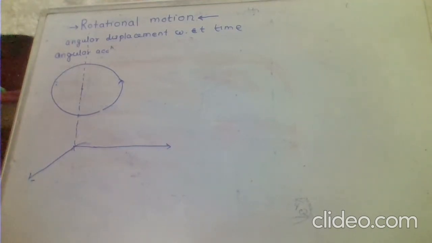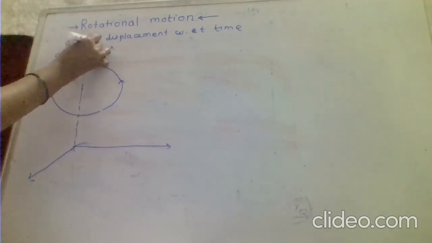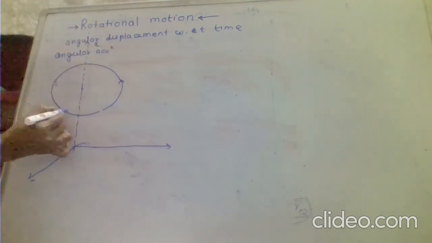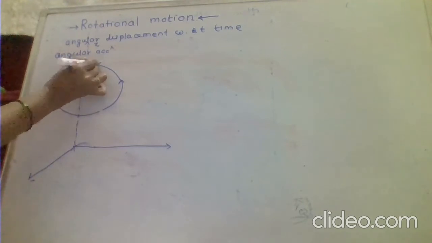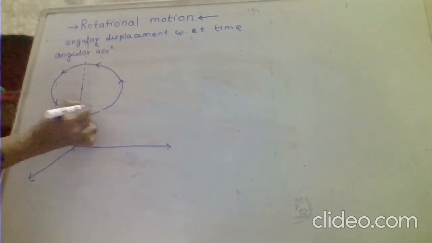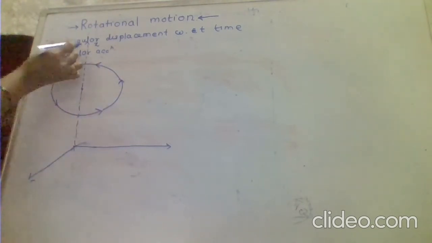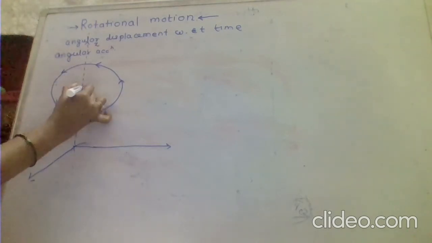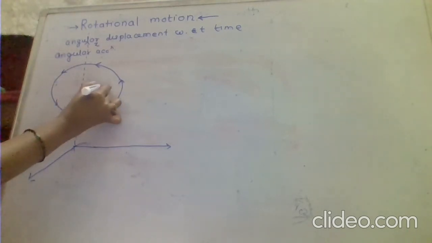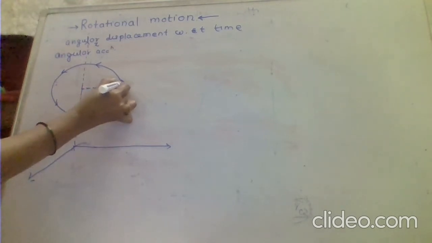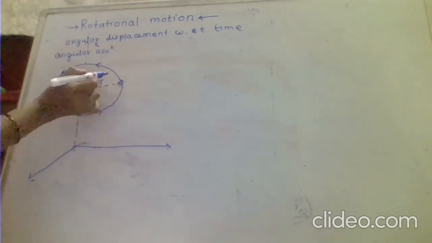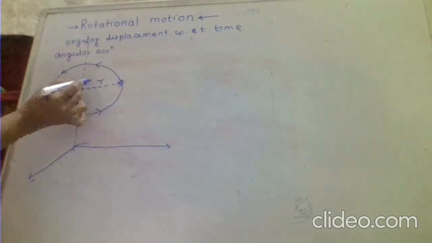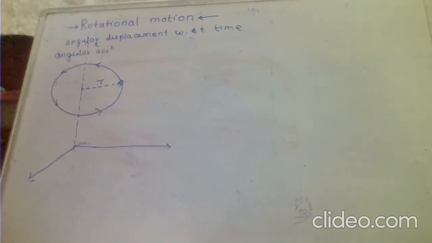Here the body is rotating. We consider a body rotating in the anti-clockwise direction about the z axis. The motion of every particle in the body describes a circle of radius r, like this.